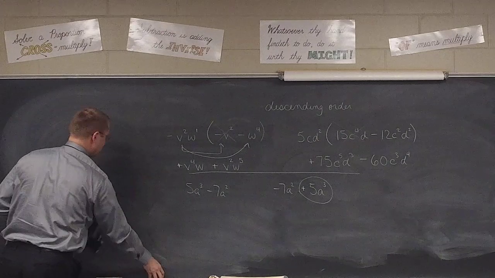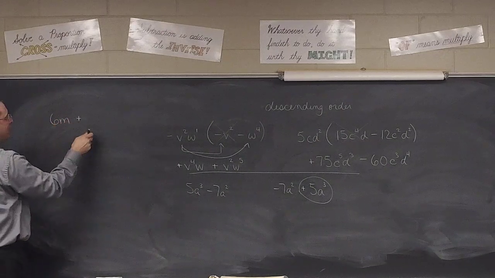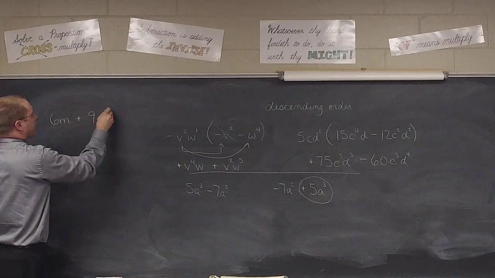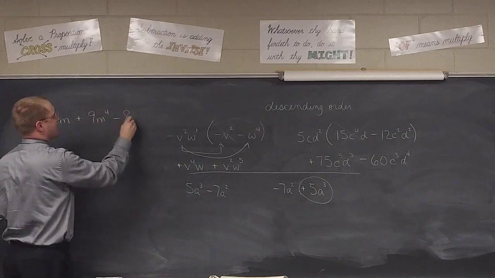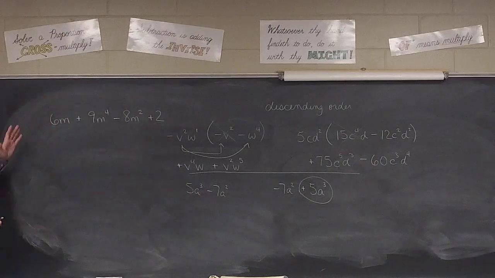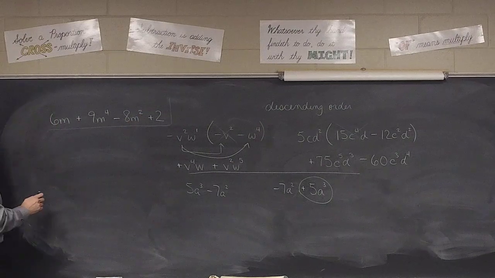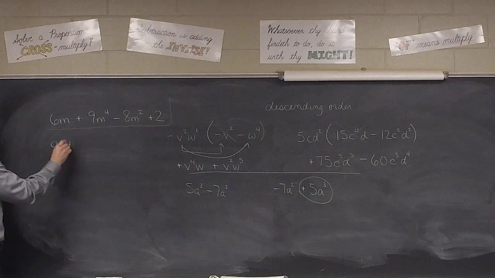Not something we've emphasized a lot, but let me give you a problem real quick, just not in your book, to see if we can get the idea. So if I had a 6m plus a 9m to the 4th minus an 8m squared plus 2. What's the most powerful term up here, Lana? The 9m to the 4th. The 9m to the 4th has the biggest power.